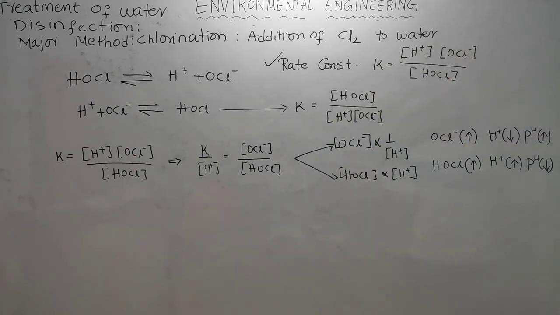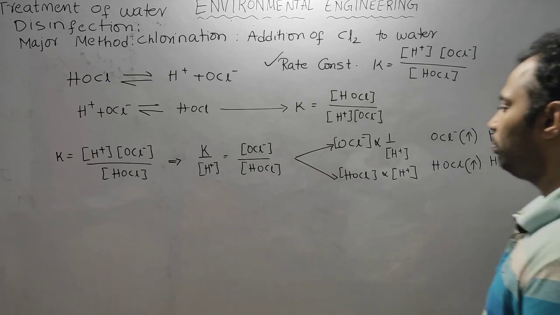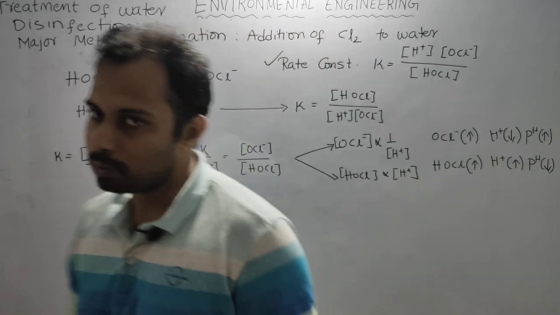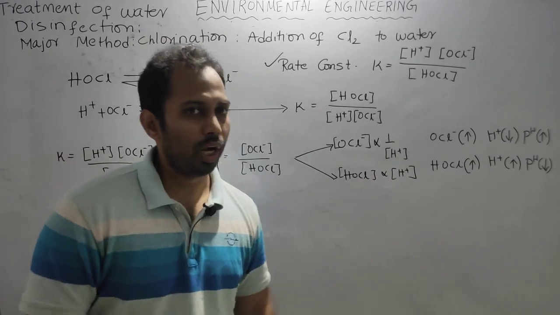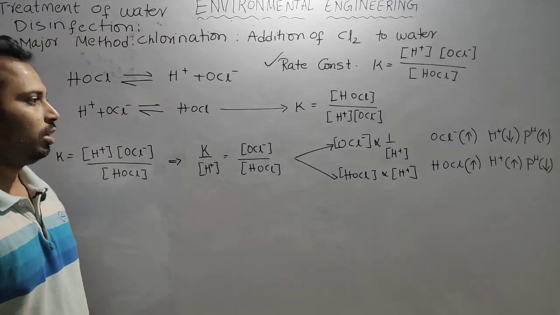So that is why we need the lower pH ranges. We need low pH ranges only in order to effectively work the chlorination. So in order to have effective chlorination, we need HOCl to be present more. That is why we need to keep the pH as low as possible, such that the chlorine efficiency will be more.